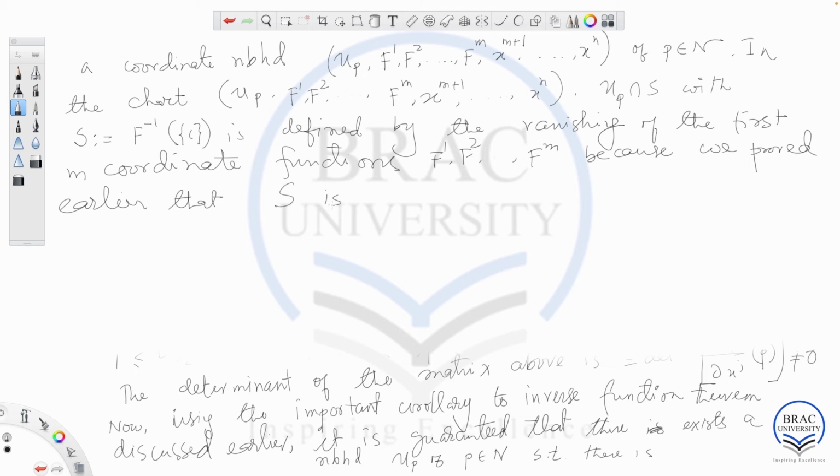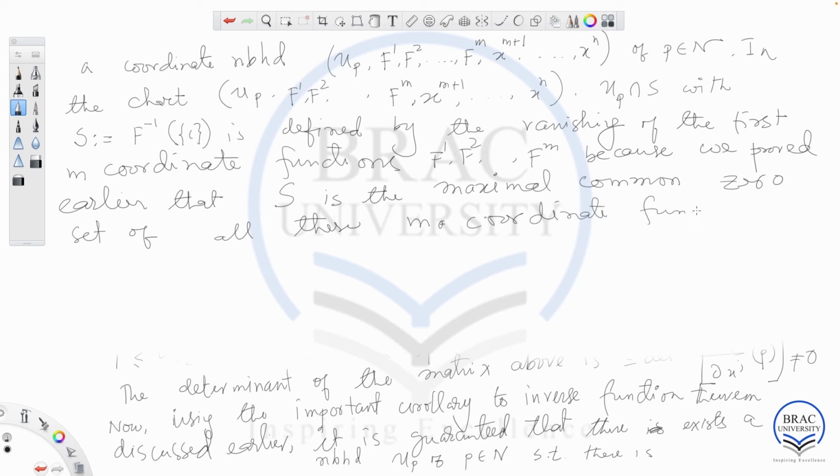S is the maximal common zero set of all these m coordinate functions f1, f2, all the way up to fm. We have proved it earlier.